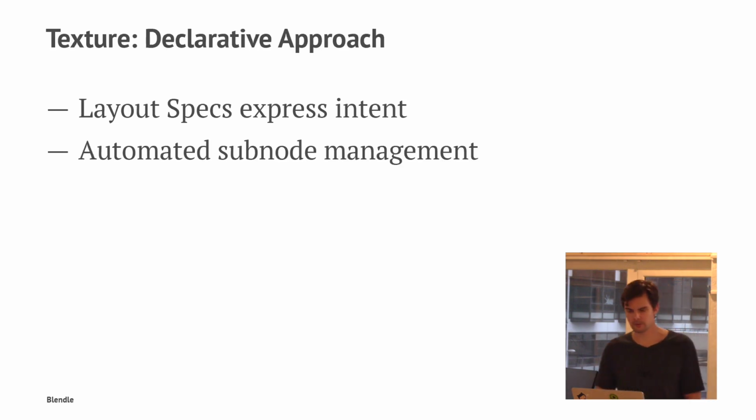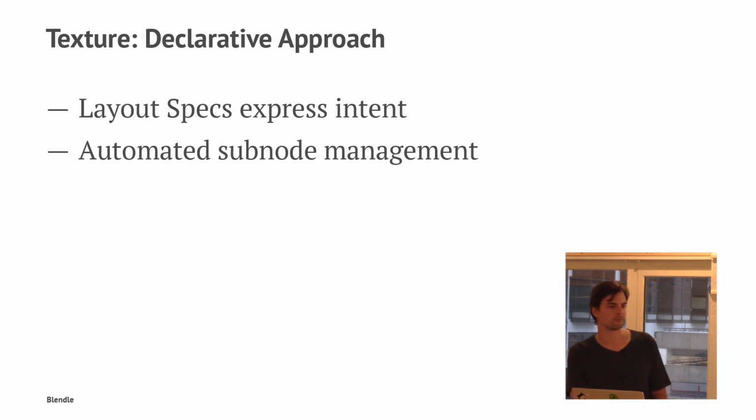So you see now that Texture has two approaches. The original one, manual layout, which is very similar to UIKit, and that was originally the only one that was available. Since then, layout specs have been added, which provide a declarative way to write your layout.